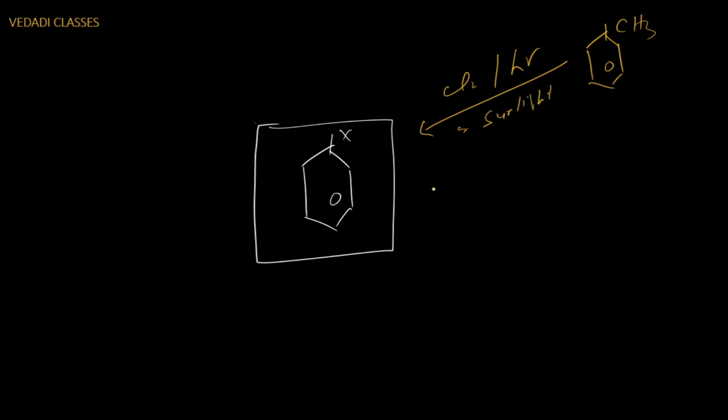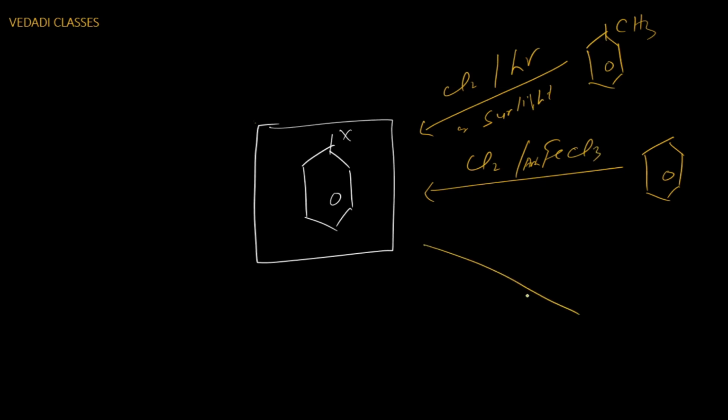then it forms benzyl chloride, and further benzal chloride and benzotrichloride. So you should keep in mind. Now again, when the benzene undergoes chlorination in presence of anhydrous FeCl3 as a catalyst, then it will form chlorobenzene.